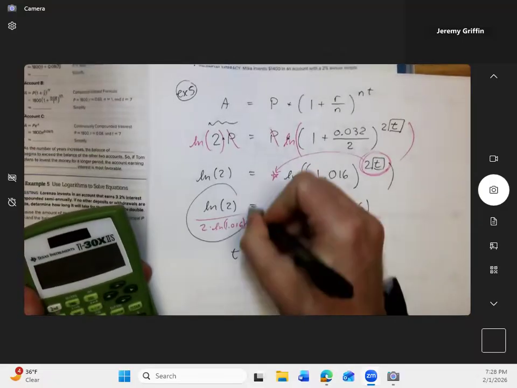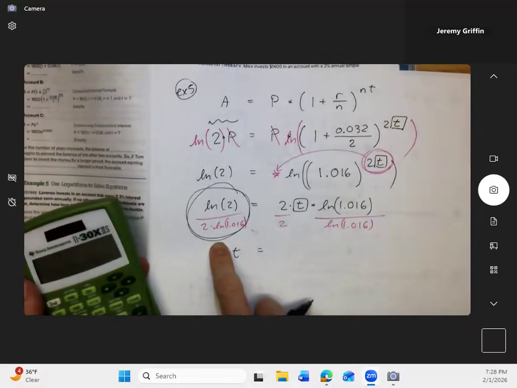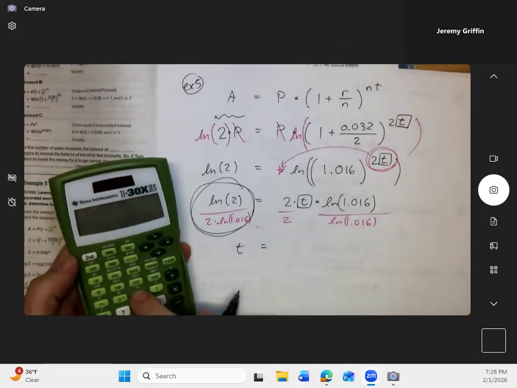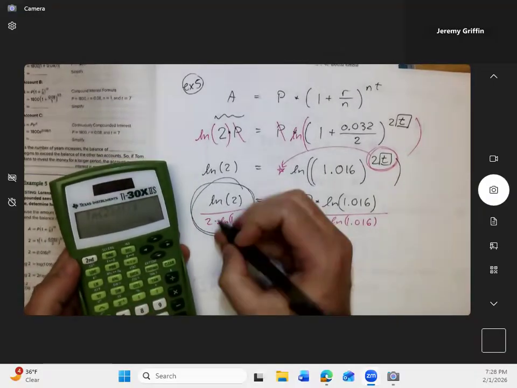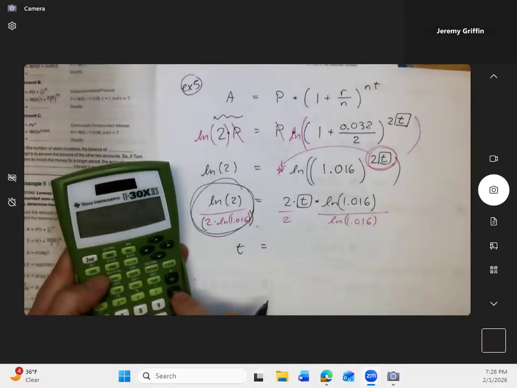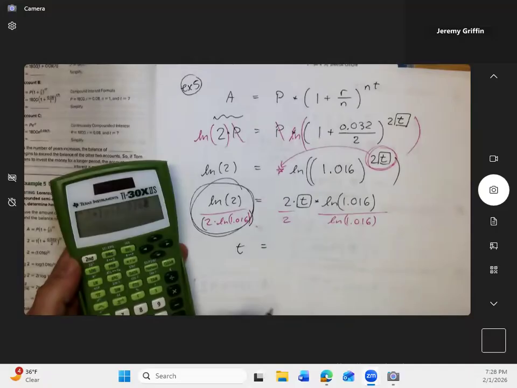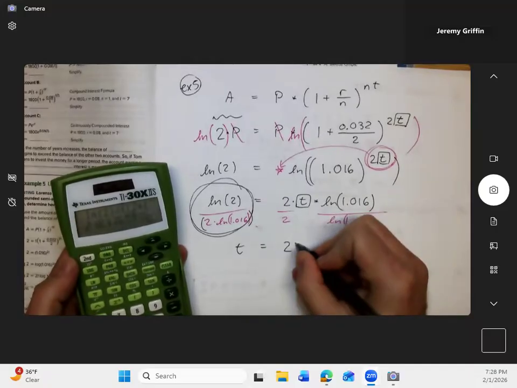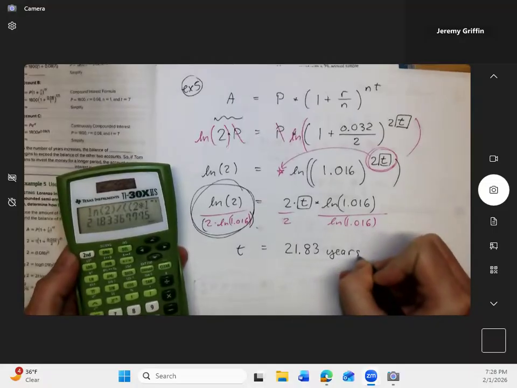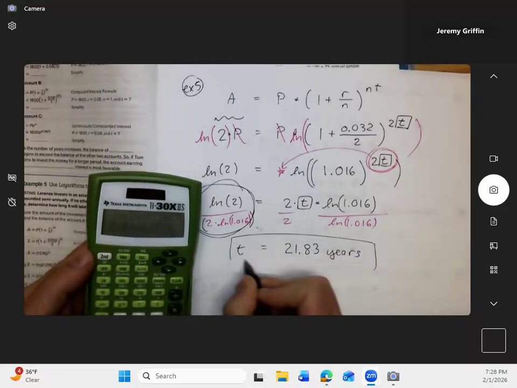Okay, I'm just going to type in this right here. So this is going to be the answer. So natural log 2 divided by, and then in parentheses, okay, really important you throw some parentheses right here in the calculator, 2 times natural log 1.016. Looking at 21.83 years. Yeah, so between 21 and 22 years.